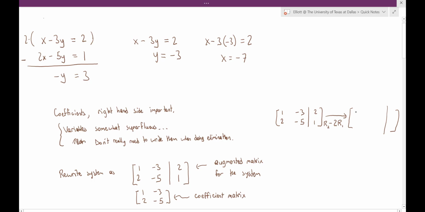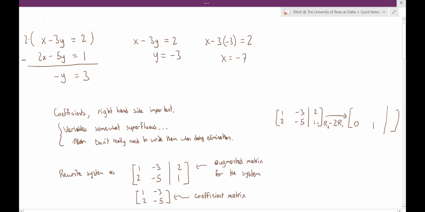Okay, so if we multiply the first row by 2, and then subtract it from row 2, we get 2 minus 2, which is 0. We get negative 5 minus 3 times negative 2. So negative 5 plus 6 is 1.